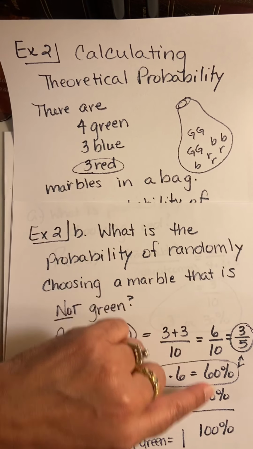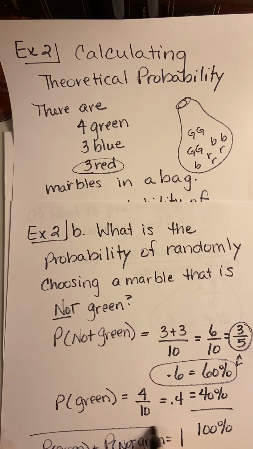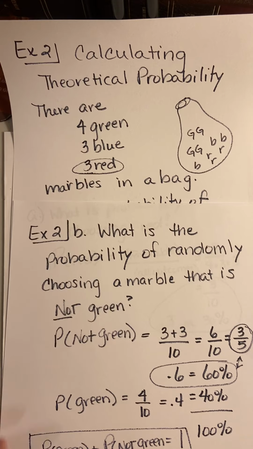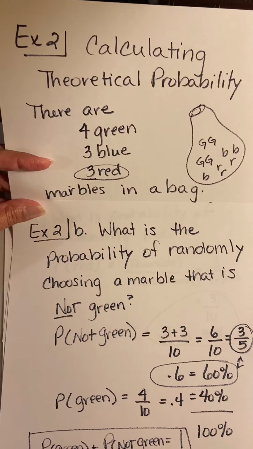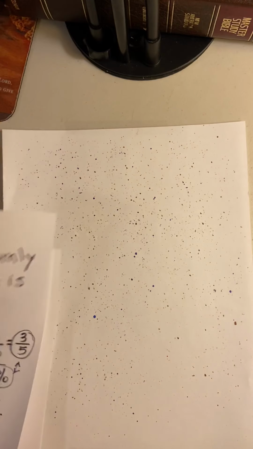Or 60% plus 40% equals 100%. I just wanted you to see that. I don't think we're getting as much of this as I'd like. So I'd like for you to see that and understand that's what it means to be complementary. That's that defined in an example for you. Okay? All right, let's move on.